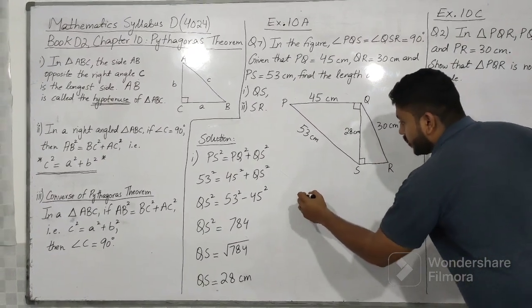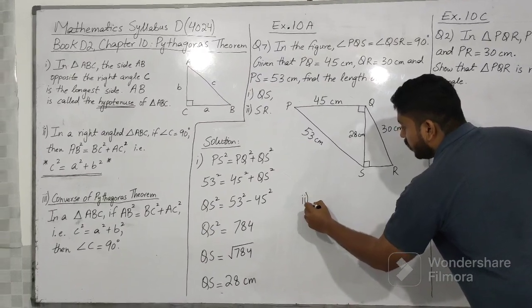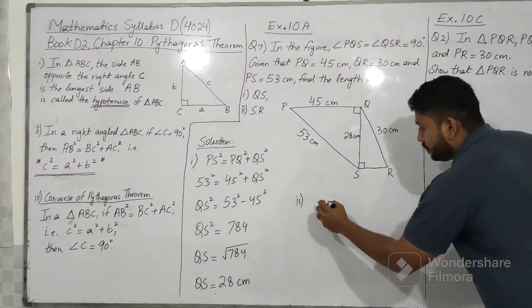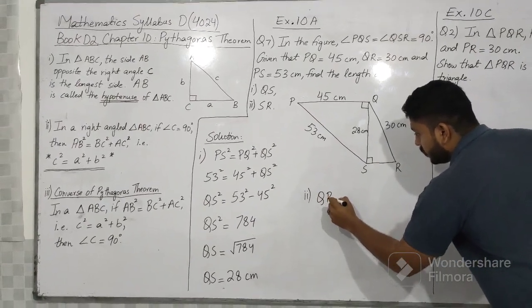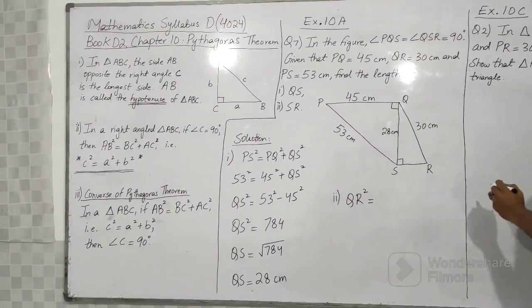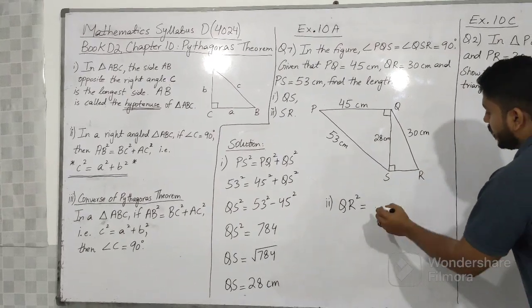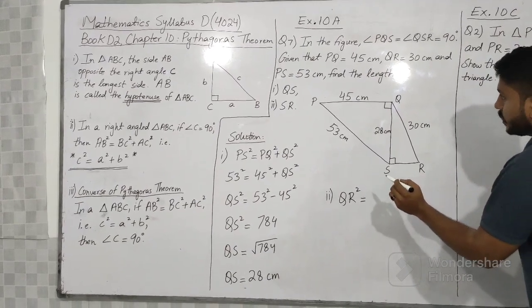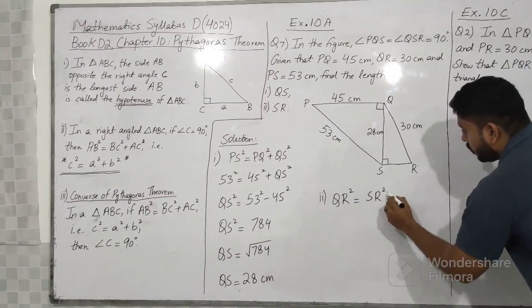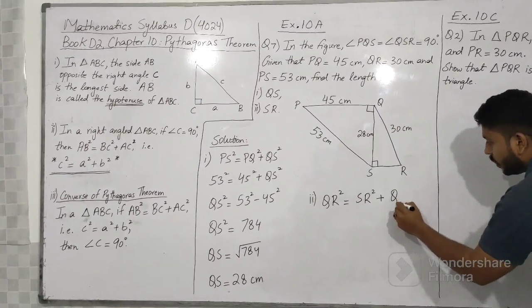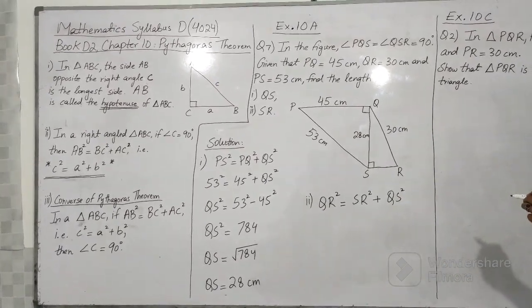Following the same formula of Pythagoras theorem, the hypotenuse square QR square equals the base or the adjacent SR square plus QS square.